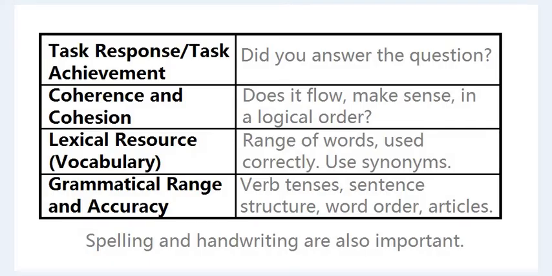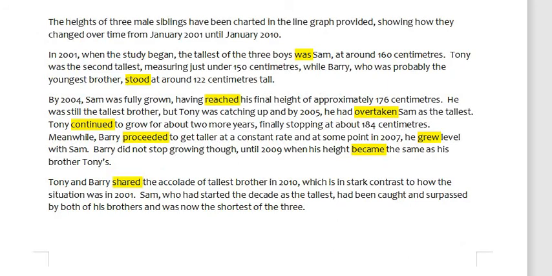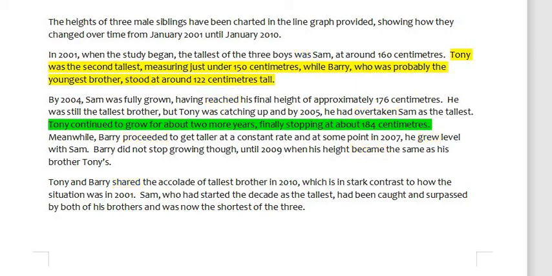And finally, grammatical range and accuracy. So my verb tenses, my sentence structure, word order, articles, that kind of thing. I'm mostly using the past tense. The timeline of the graph is between 2001 and 2010, so it's in the past. I've used a mixture of complex and simple sentences.